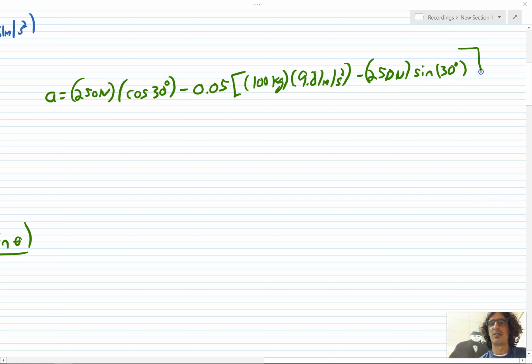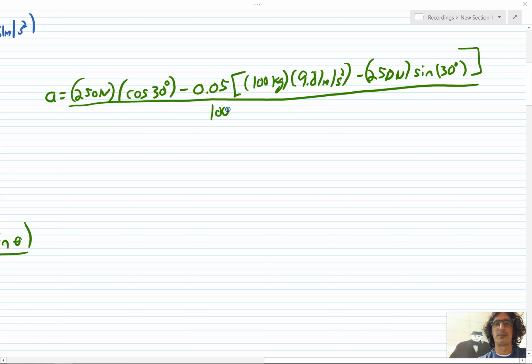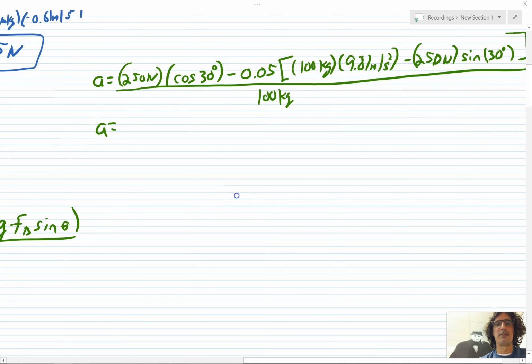And this entire thing is all over the mass of 100 kilograms. Plug this in our calculator, make sure we're in degrees, and we take into account brackets and parentheses, and we get an acceleration of 1.74 meters per second squared.